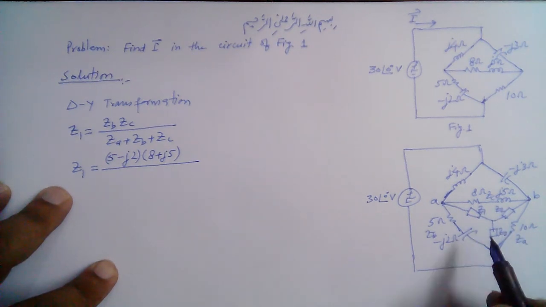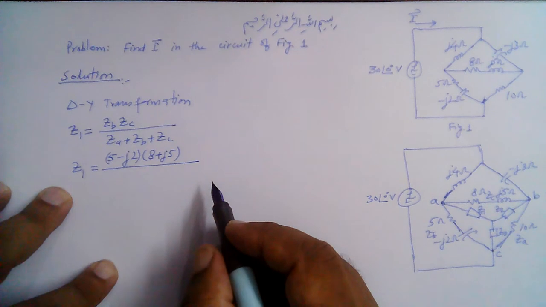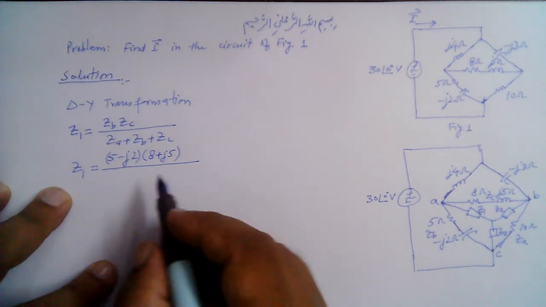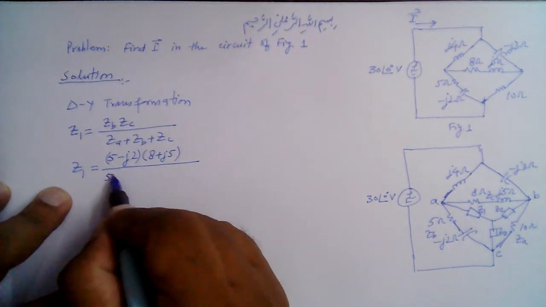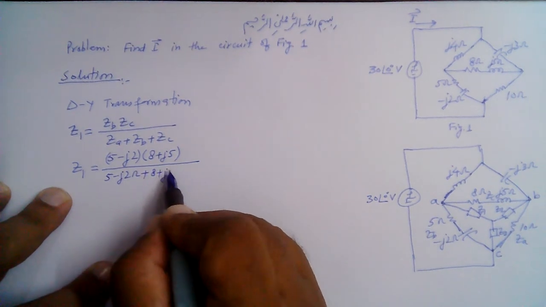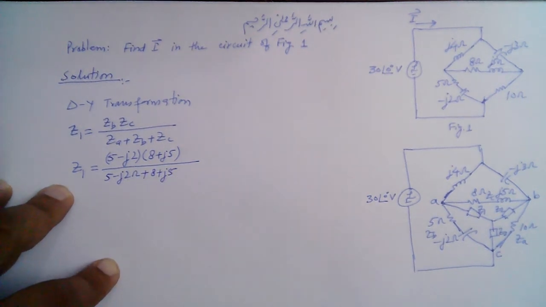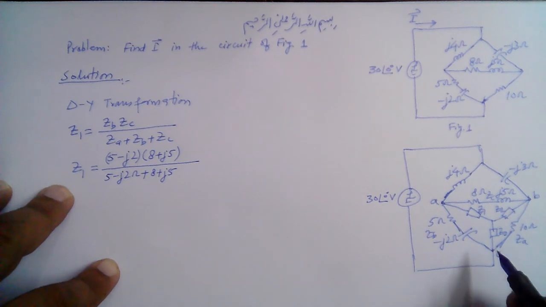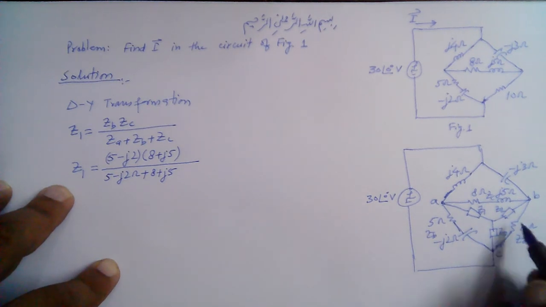So that is 5 minus j2, 8 plus j5, and plus 10 here.